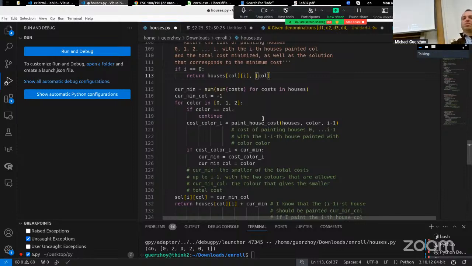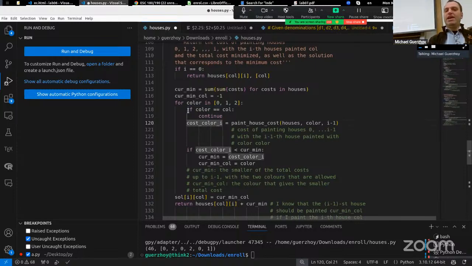So here I'm asking for color 0, what would it cost? For color 1, what would it cost if I can do it? For color 2, what would it cost if I can do it? If I can't do it because color I is COL, then I just skip.